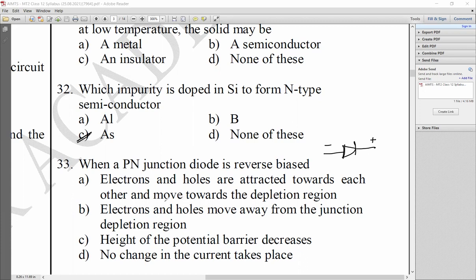C and D are completely wrong. A says electrons and holes are attracted towards each other, but in reverse bias they won't attract, because the width of the depletion layer will increase. So B is correct. A is wrong because the width of depletion layer has to increase. They'll move apart. Next, question number 34.